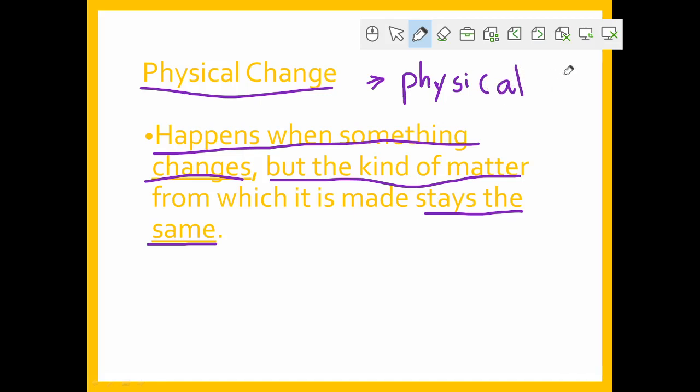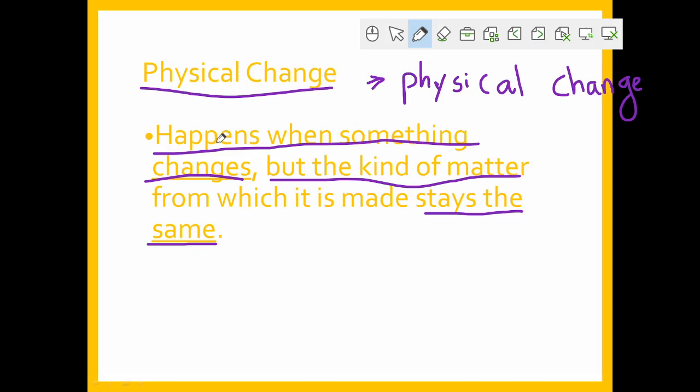So physical, ch, ch, ch, ch, sound. Change and E. Physical change, physical change.